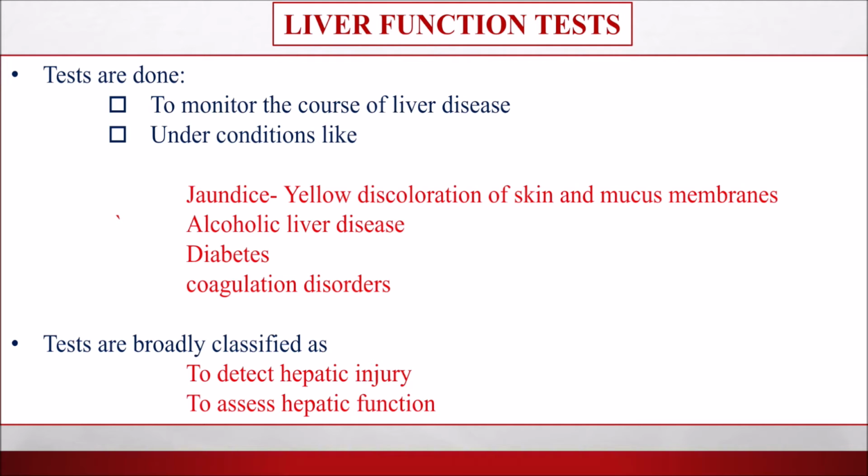The liver function tests can be broadly divided into the tests of hepatic injury and the tests of hepatic function. These can now be further classified into two different groups of tests: tests based on laboratory findings and tests based on the clinical aspects.